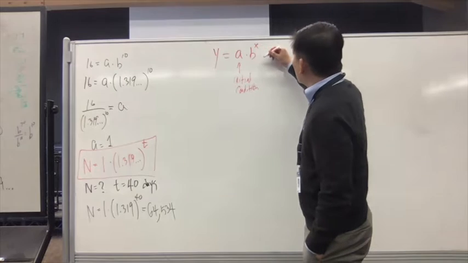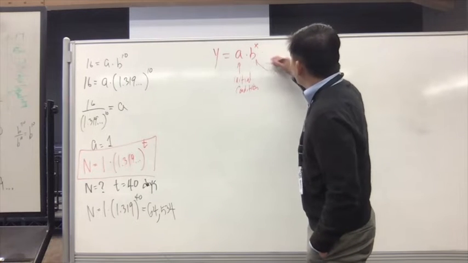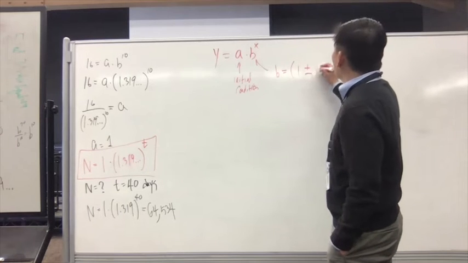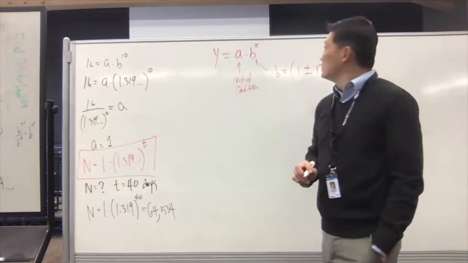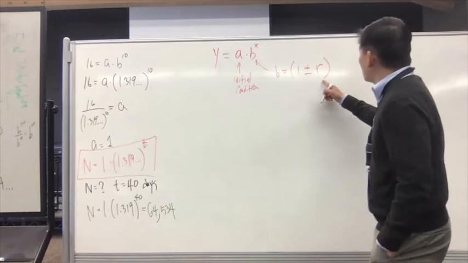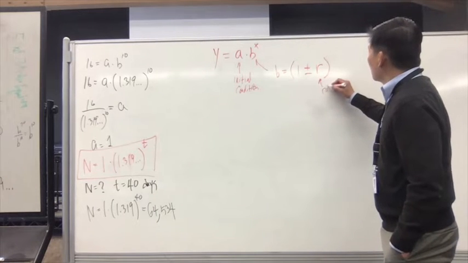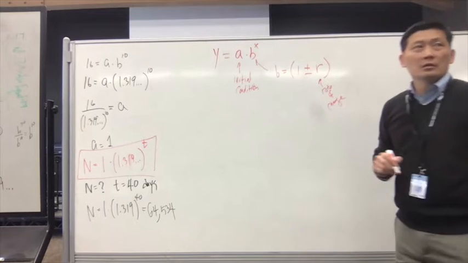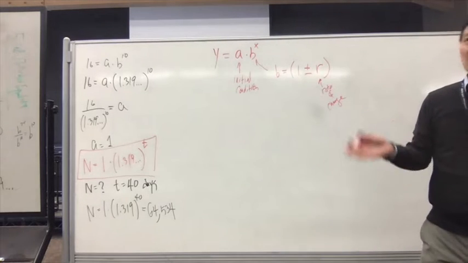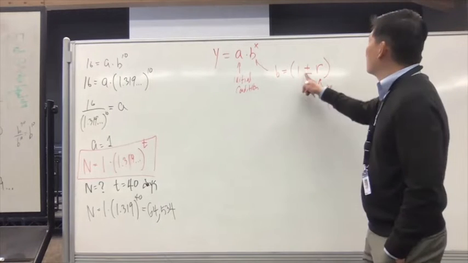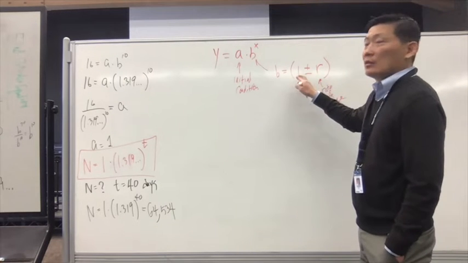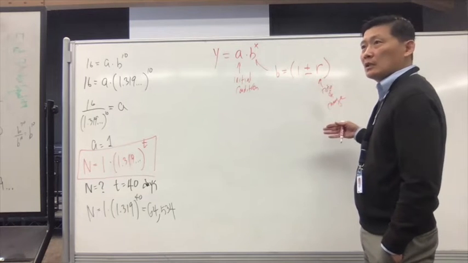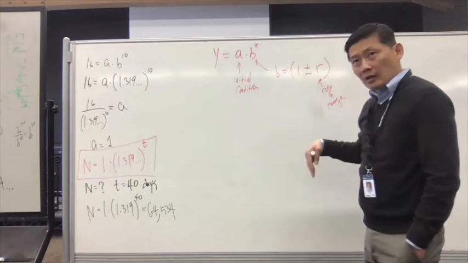This B can be written as 1 plus or minus R. R is the rate of change, the growth rate or the decay rate. So plus means it's growing, right? If it's 1 minus the rate, it will be the decaying rate.